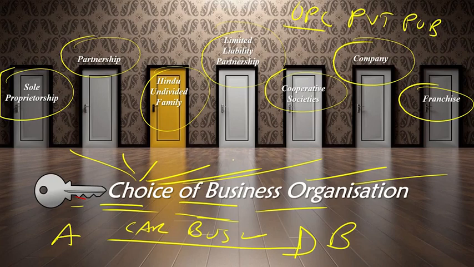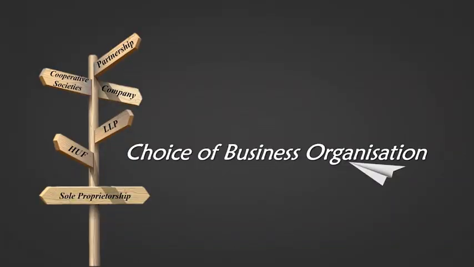In the same way, for the choice of business organization, depending on what your business is, you can decide which form of business you should choose to carry on your activities. When you are a student, when you have completed, let us say, 10th standard, at that time you have so many options. You may go to arts, science, commerce, correct? In the same way, when you want to start a business, there are many options before you.